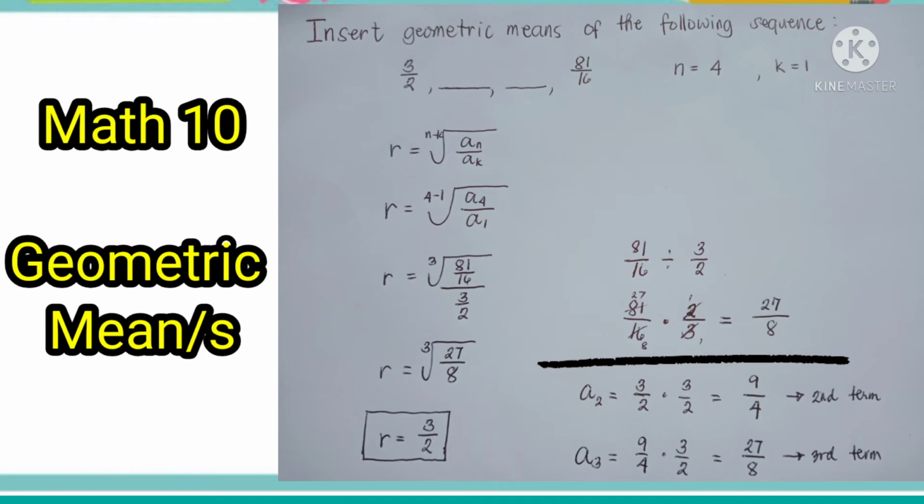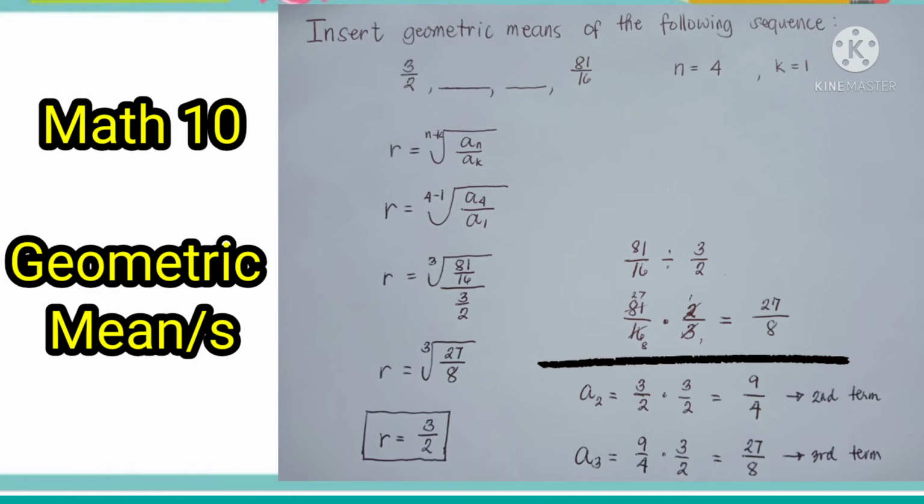We interchange only the numerator and the denominator. Before we perform the multiplication, we will do first the cancellation, which means we are going to cancel the common factor of the numerator and the denominator.